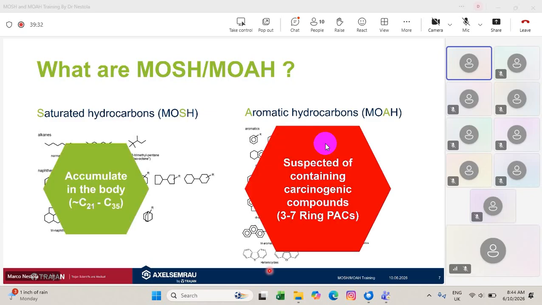What I already hinted at a little bit is that nowadays it's known that the saturated hydrocarbons are accumulating in the human body. So that's by far the biggest contamination in humans. So when you are 80 years old, 85 years old, and you are dying, you have multiple grams of saturated hydrocarbons in all of your body.